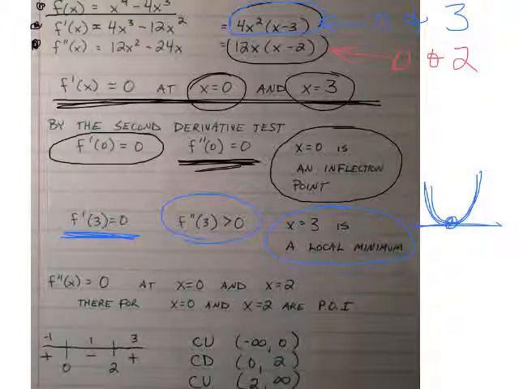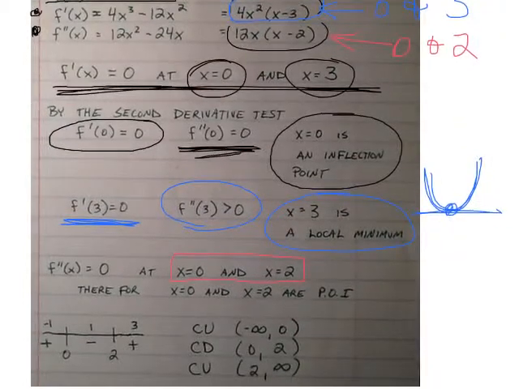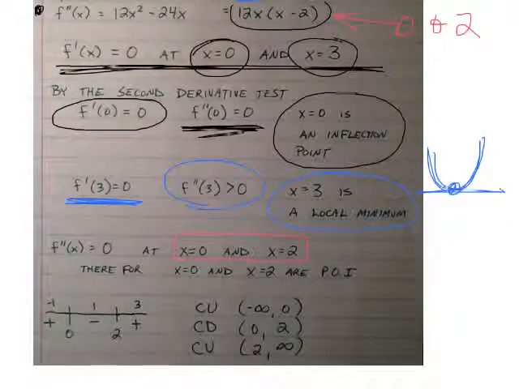Going back to the question, it said also identify the intervals of concavity. So because we've identified that 0 and 2 are our two potential inflection points, then what I've done is I've created a sign chart here where I plugged in 0 and 2, and then I created test values for each interval, and I plug those into f double prime.